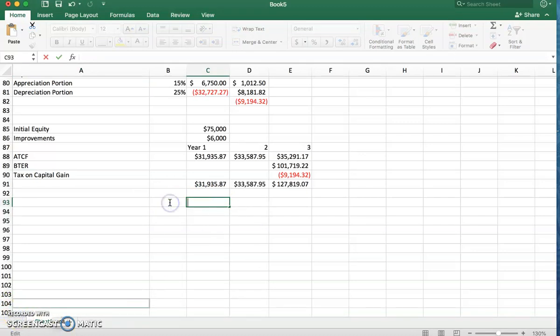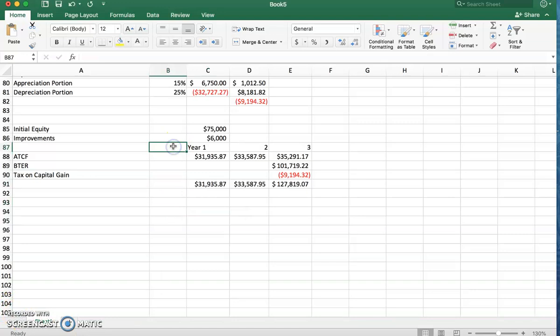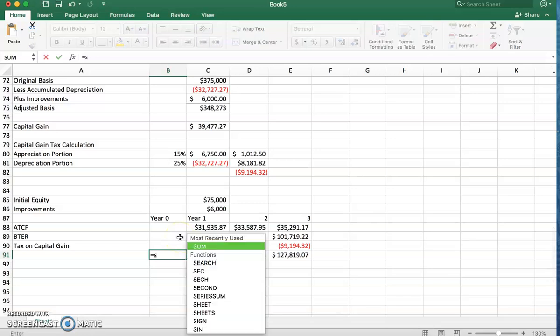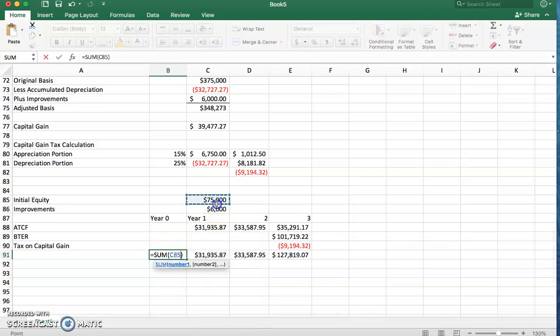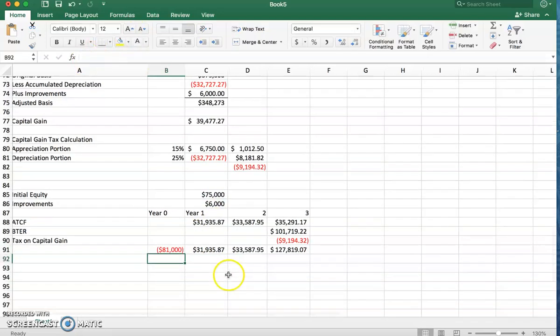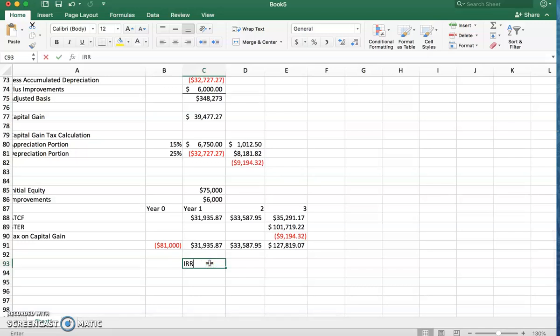Actually, before we do that, we need to make a year 0, and we're going to be in the hole on this year. But this is how much we've put in. So it's just going to be a sum of these two. And that's a negative value. Perfect. So now that we have all those numbers, we can do the IRR function. Equals IRR of all these.